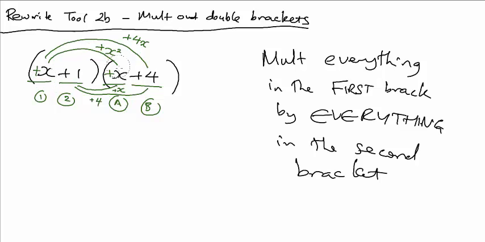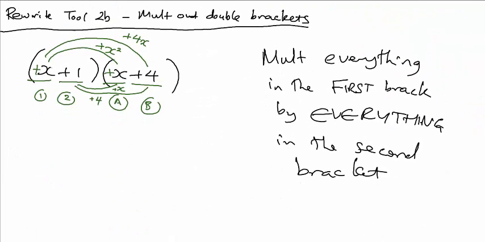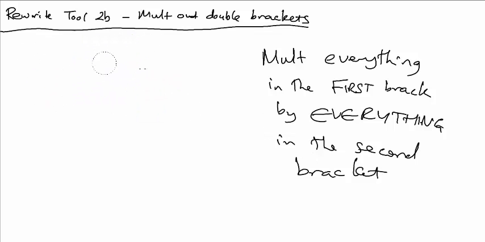If you're not sure that x times x equals x squared, go watch that video. Go watch this very important video, and this video as well. I don't want to keep going over the same stuff. Maths is fun enough without me repeating it all the time, as I'm sure you agree.